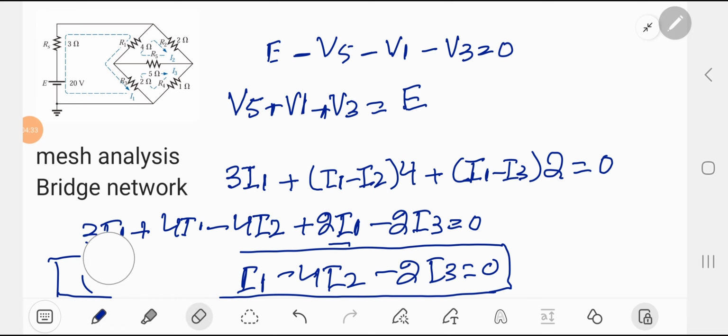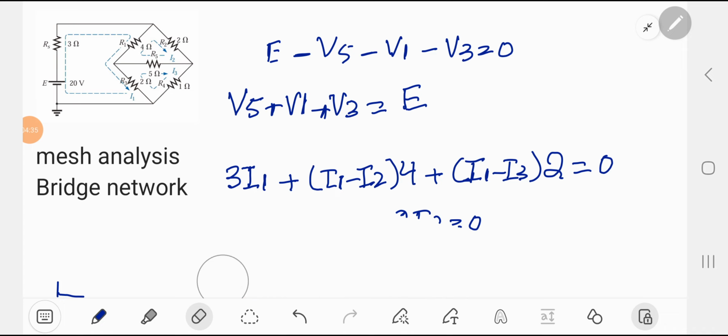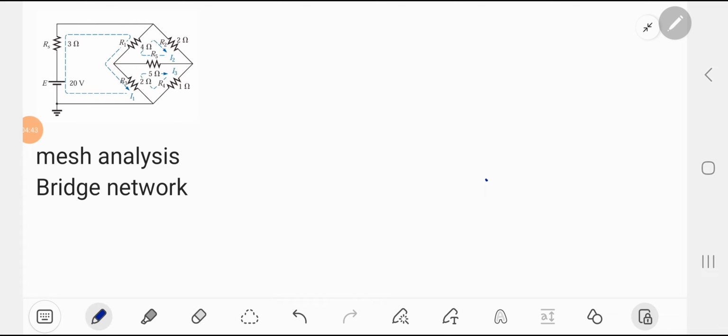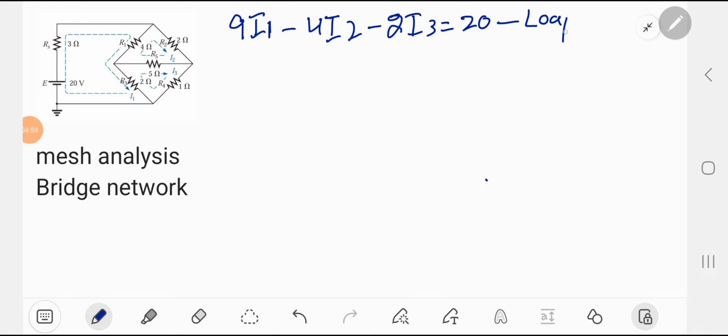Now put that equation here. So for loop 1 we got this equation.